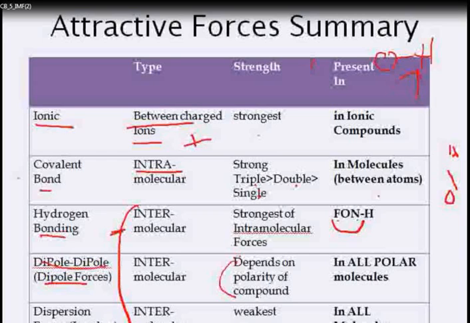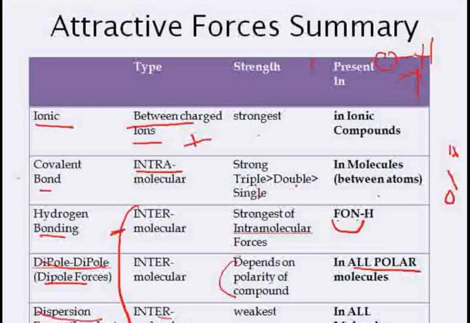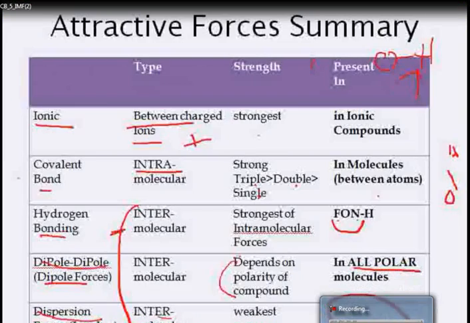It depends on the polarity of the compound. And all polar molecules have dipole-dipole forces. And of course, the weakest type of intermolecular forces are dispersion forces. They are intermolecular, they're the weakest, and they exist in all molecules, whether they are polar or nonpolar.